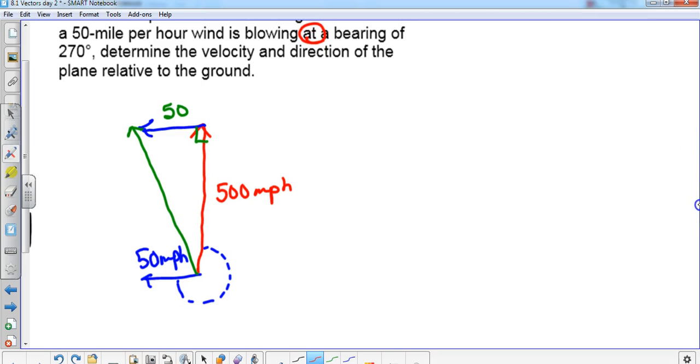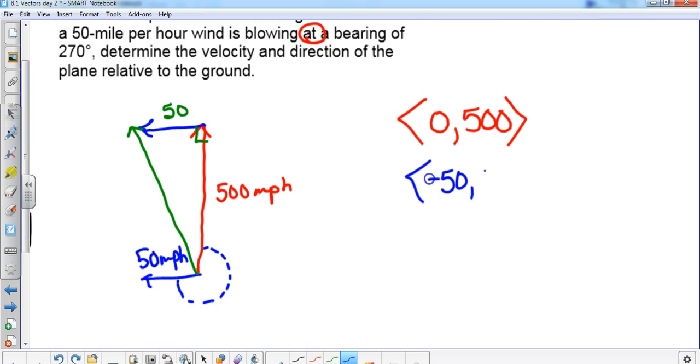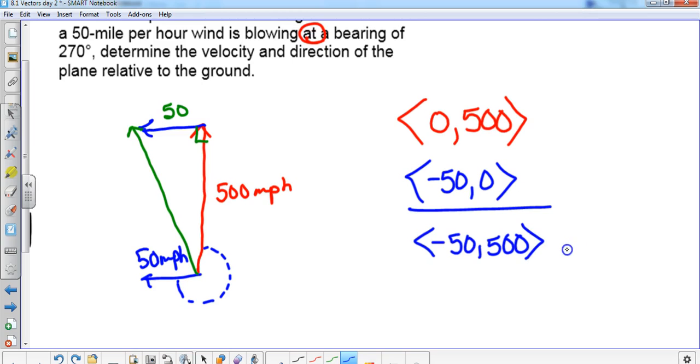Just humor me, somebody. What are the components of the red one? What gets it straight up 500? Across 0. And what would get this blue one to the left 50? There we go. And so the resultant is, which means the Pythagorean theorem should work, yes?